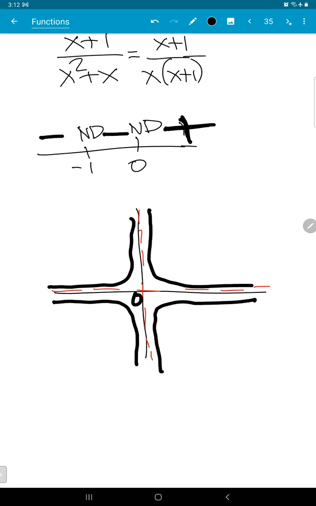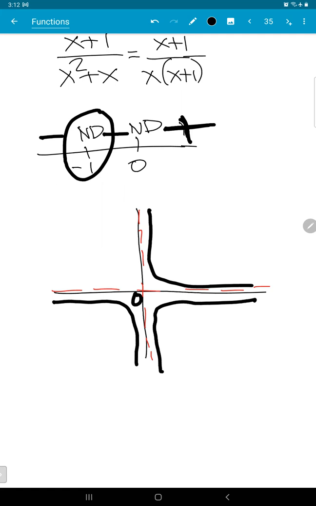If you look at the left side of x equals 0, that tells you the graph is below. So you delete this one, eliminate that one. But take note, it's not defined at -1.